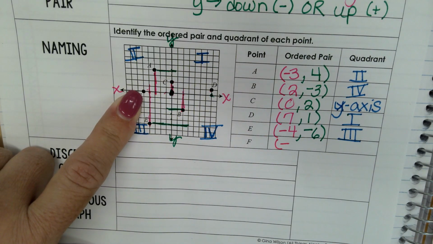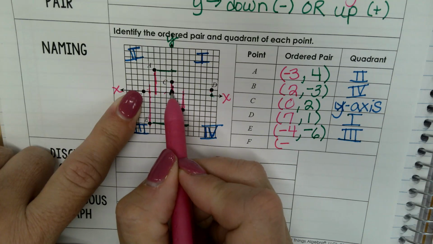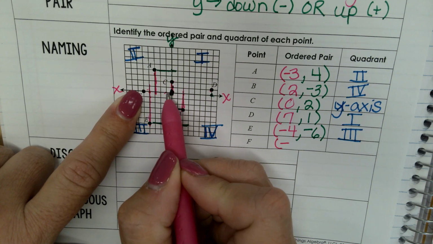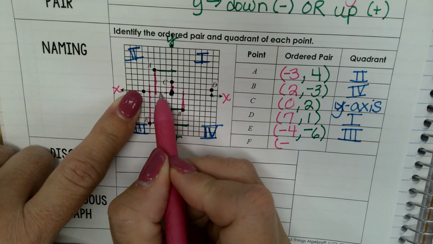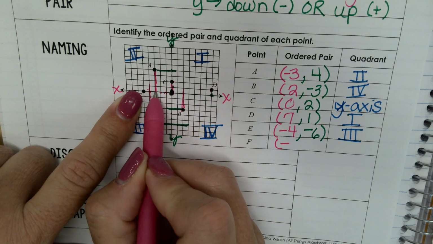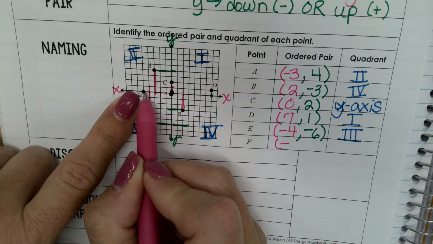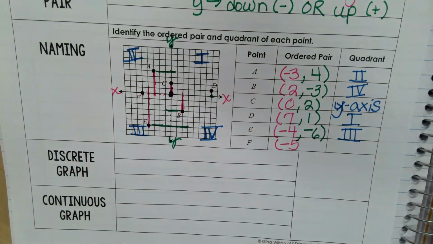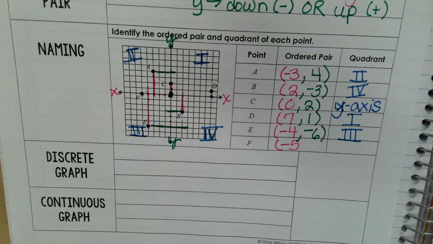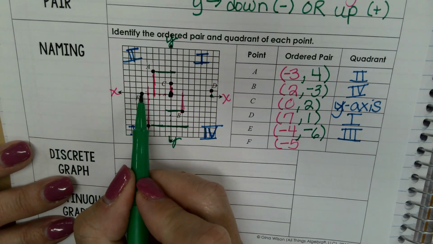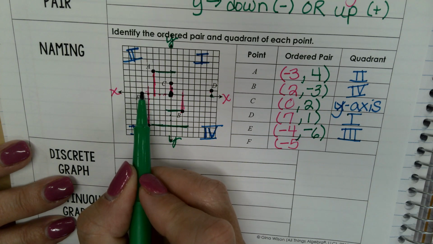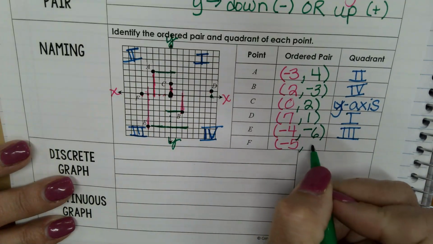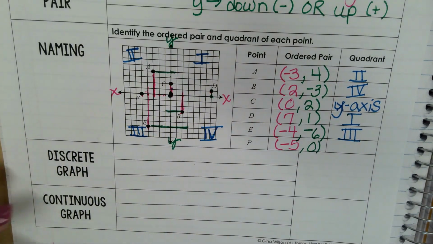Left means negative. Okay, and now let's jump. Jump 1, jump 2, jump 3, jump 4, jump 5. So I know I've got negative 5. Now to get to point F, how many will I go up or down? 0. None.